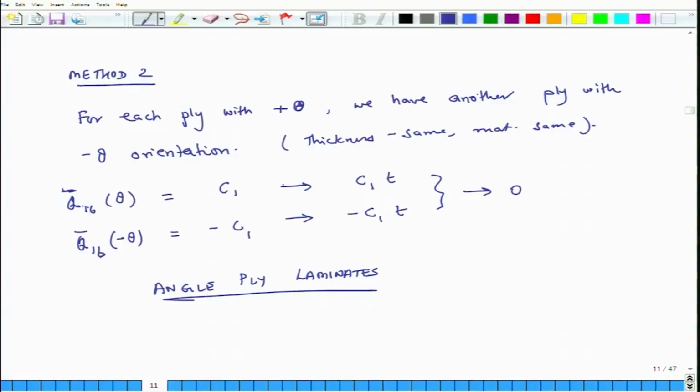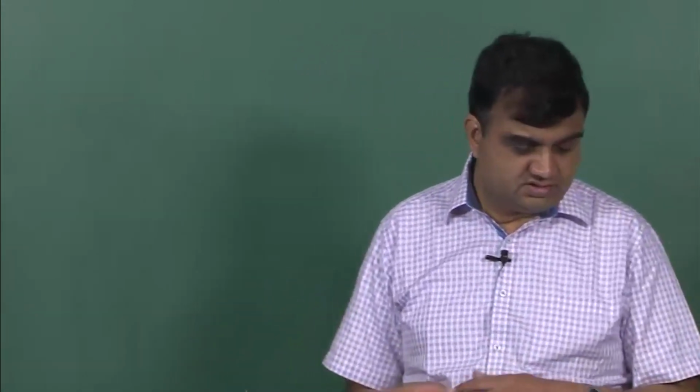So, for every 30 degree ply, there will be another ply. It may or may not be symmetrically placed, it does not matter, but there will be another ply at an orientation of minus 30, and that will ensure that the overall value of A16 and A26 is 0.